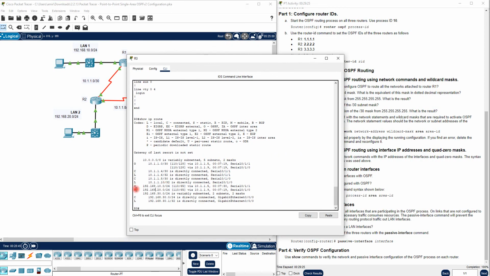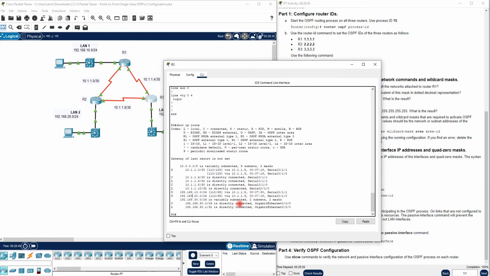In this situation, you can also see this LAN and this LAN here, and other things.